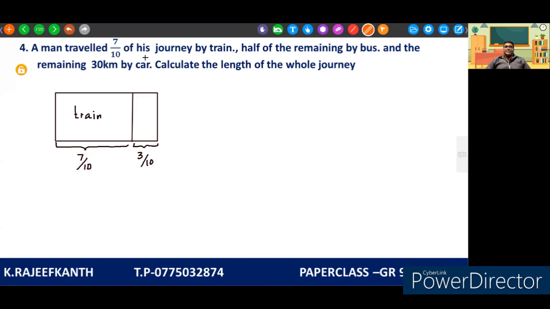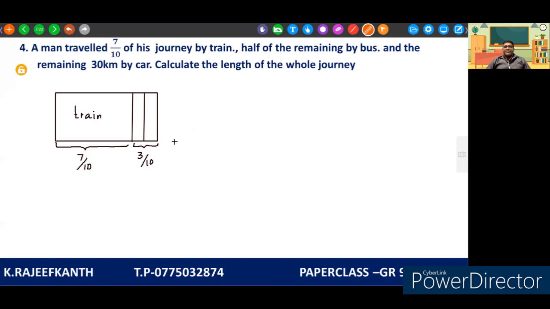Here, a man travels 7/10 of his journey by train, half of the remaining by bus. Here, the remaining is 3/10. But we have to find half of the remaining. So we have to find the half of this 3/10. Right?